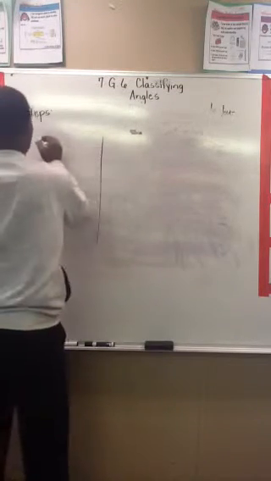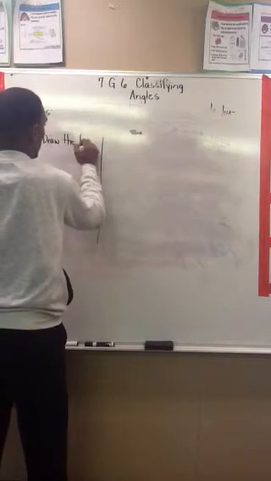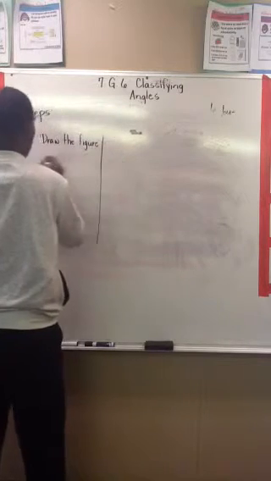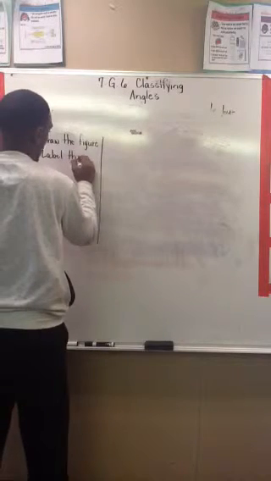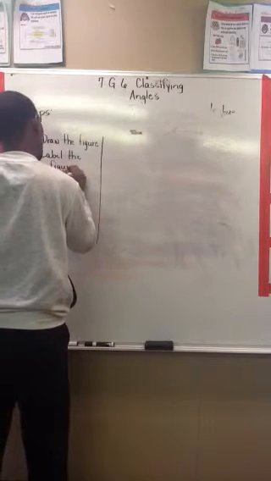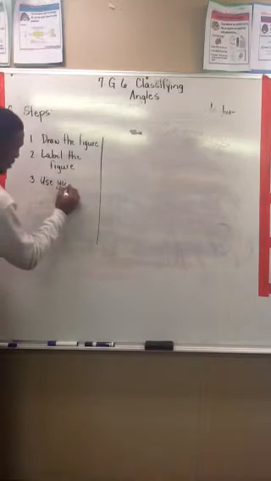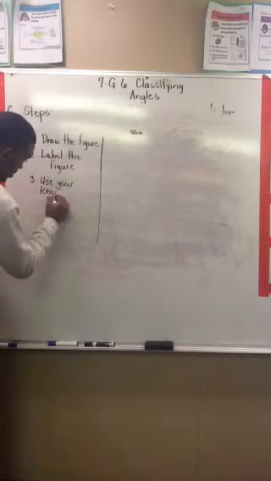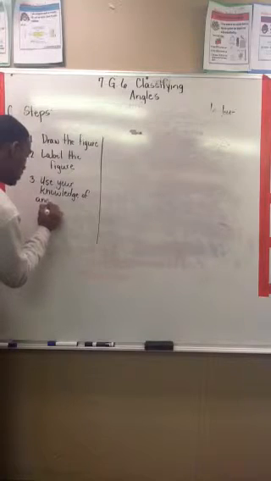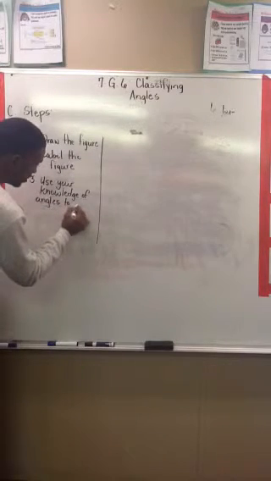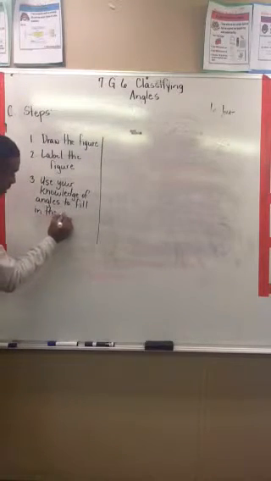Step 1, draw the figure. Step 2, label the figure. Step 3, use your knowledge of angles to fill in the missing pieces.